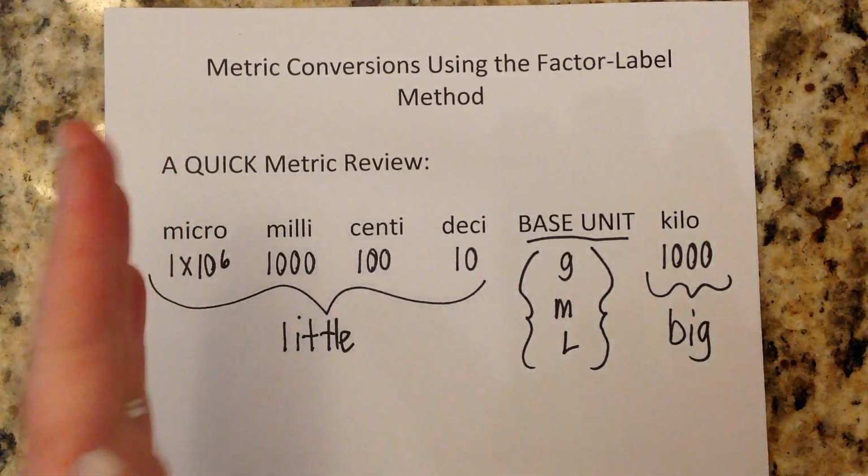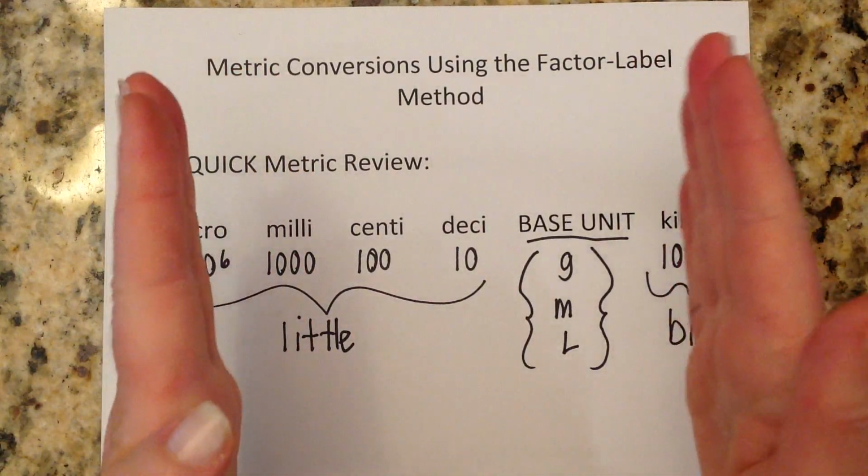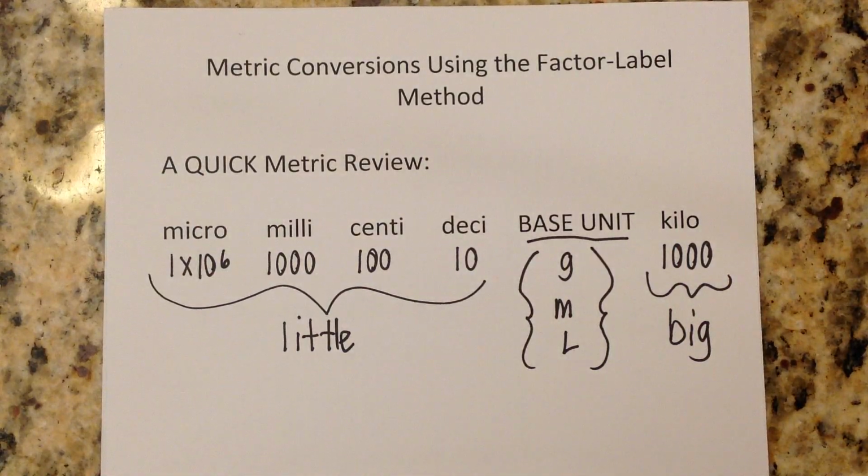Everybody knows about how long a meter stick is, obviously longer than this, but I'm trying to keep it in the screen. If you took a meter stick and you divided it into 1 million pieces, one of those little pieces would be a micrometer. If you took that same meter stick and you divided it into 1,000 equal parts, each of those individual parts would be a millimeter.